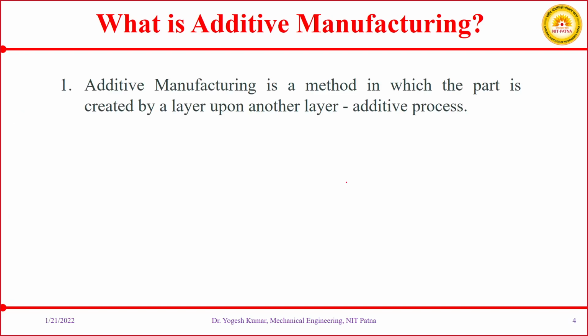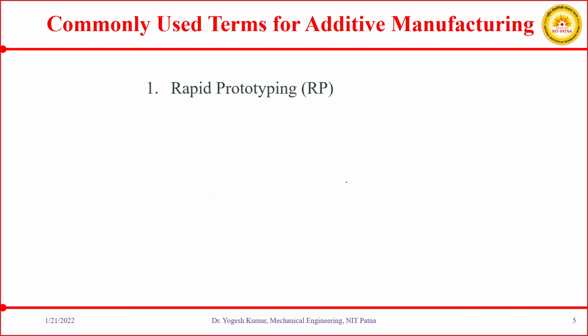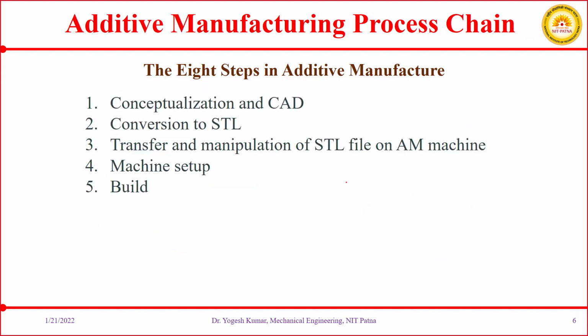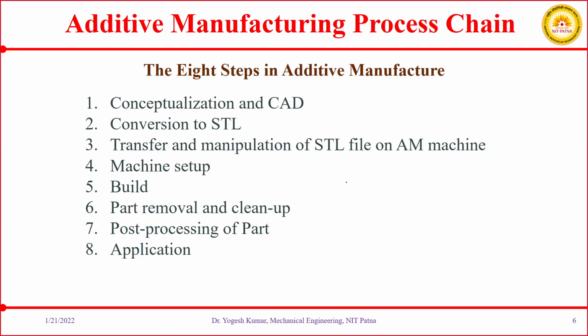Then we covered the general introduction and different terminologies used for additive manufacturing, then the steps involved in the additive manufacturing process. I hope those who attended the first lecture are aware of the main steps in any additive manufacturing process.